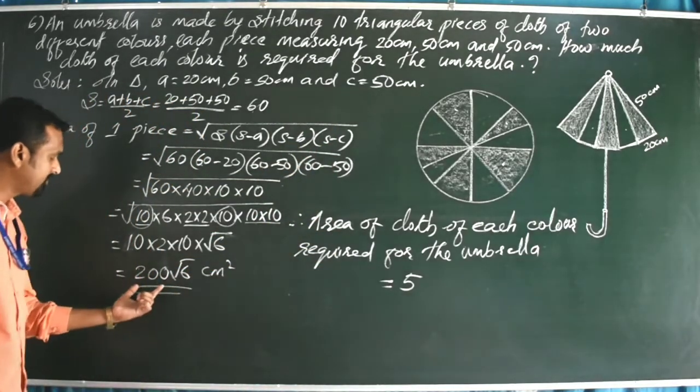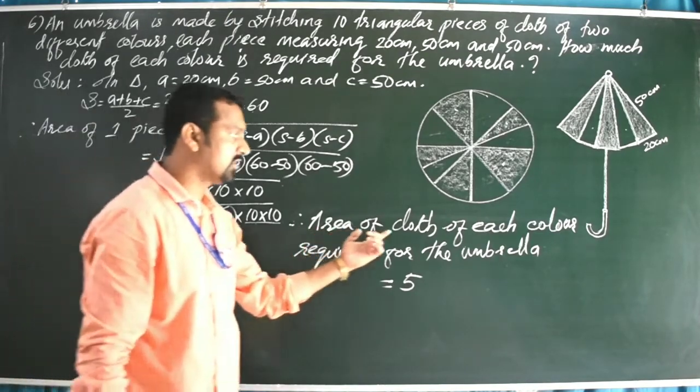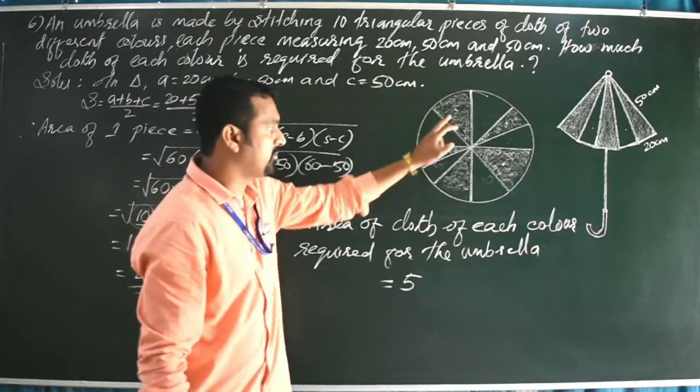Then area of one piece is equal to 200 root 6 centimeter square. Therefore, area of cloth of each color required for the umbrella is equal to total 5 pieces we need.